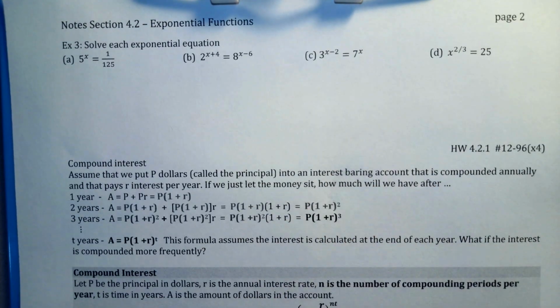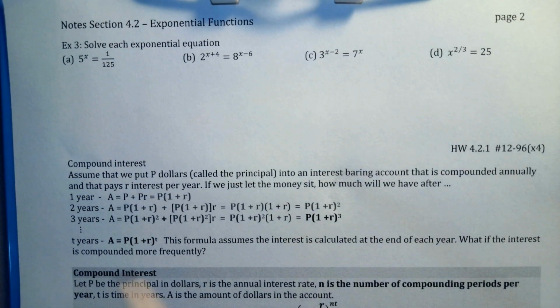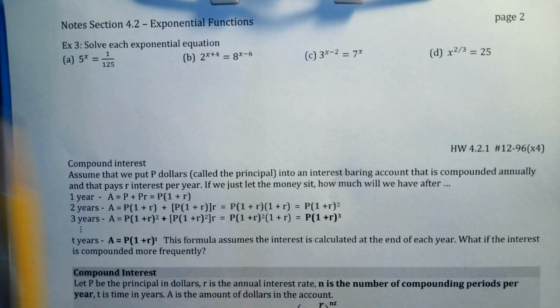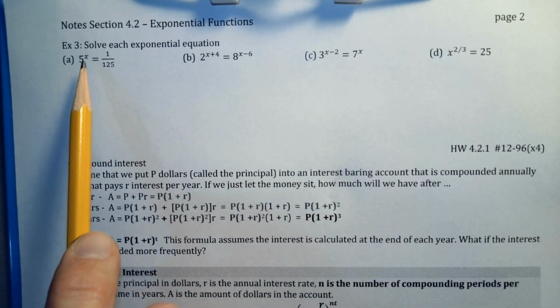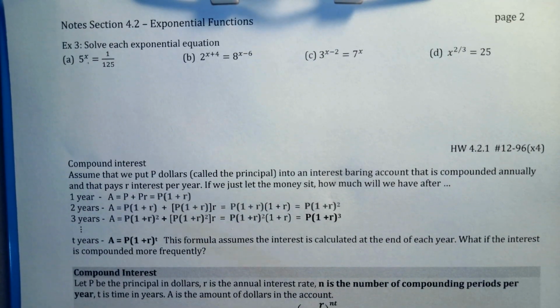All right, so we're solving some equations here. These are exponential equations, and it's a little tricky sometimes to get this variable out of the exponent. This is the first time we've been solving equations that have variables in the exponents.